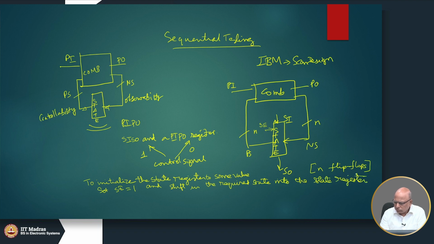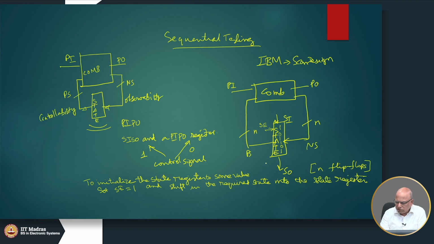So, in a way we are going to do a little bit of cheating. If my test vector requires me to put some arbitrary state, let us say 1 0 1 1 0 1 or something like that, then I am not going to worry about how to get the functionality of this state machine to get you into that state.